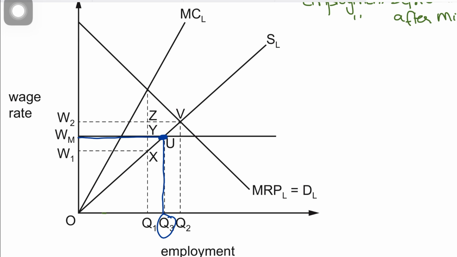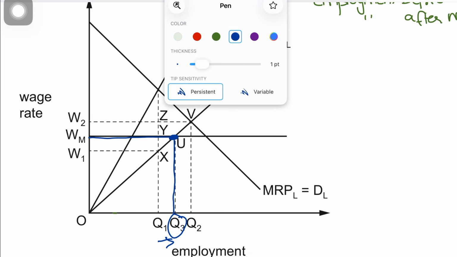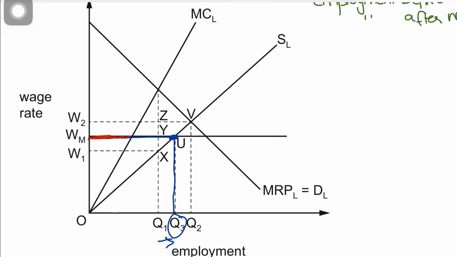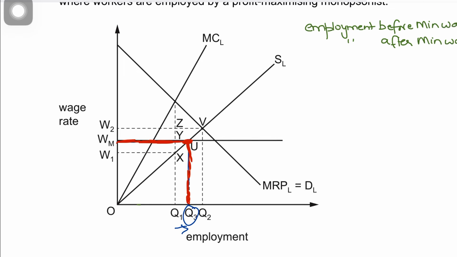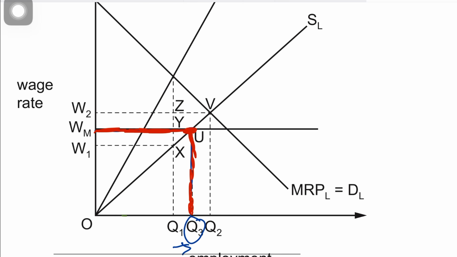It keeps the MCL artificially low and constant up to that point, and hence it allows the monopolist to profitably increase employment levels, right? Until this flat section of the minimum wage MCL curve ends, the monopolist could profitably increase employment.